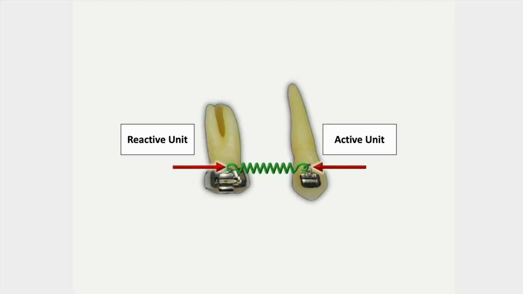As you can see, the canine will move distally, but also the first molar will move mesially because of the reciprocal force. We know it from Newton's third law. So that is the reason why in traditional mechanics we not only look at the active unit but also the reactive unit.